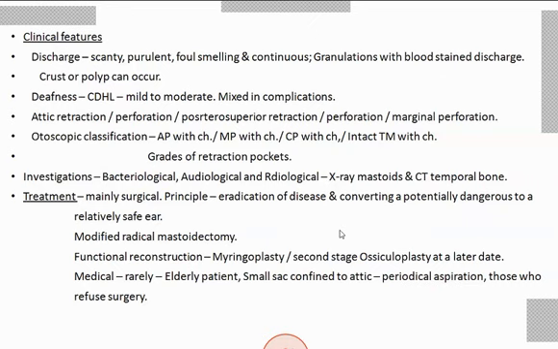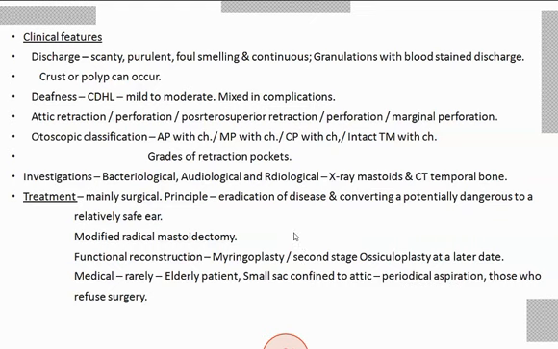So once we do this, we convert the mastoid cells into a single cavity, allow it to dry for 3 to 6 months, and then do a second step ossiculoplasty, reconstructing the ossicles for regaining the hearing.